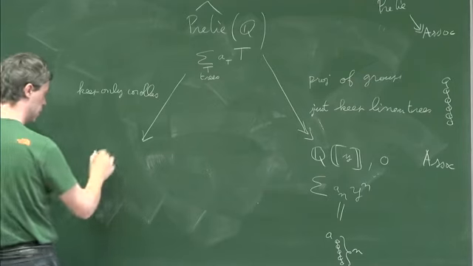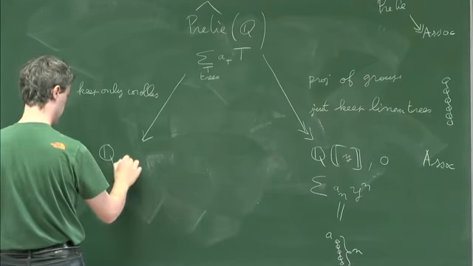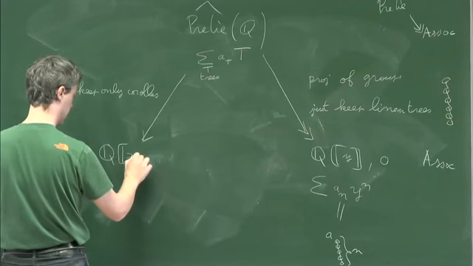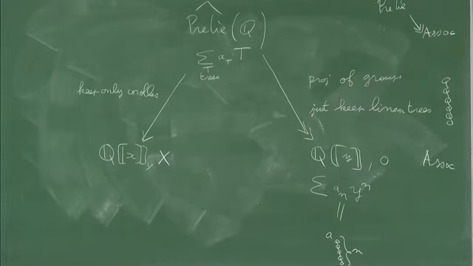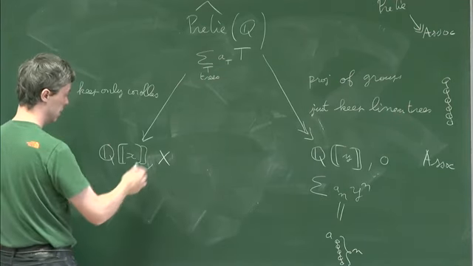But there's something which is a bit more funny, which is to keep only corollas and map it to the group of formal series, let's call it X, for the product. So here, it's the same thing.